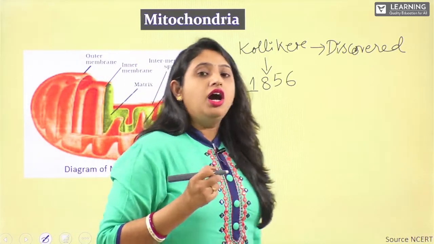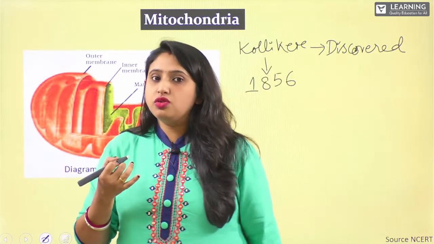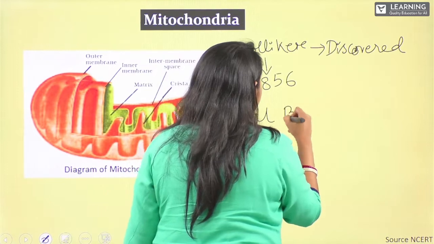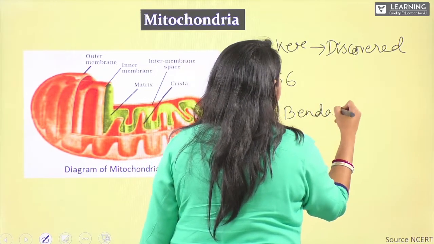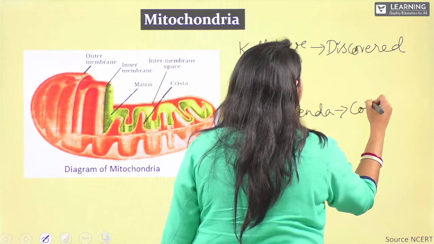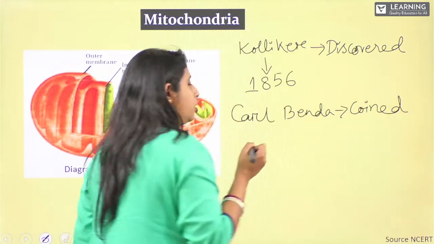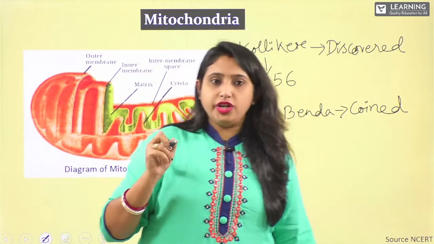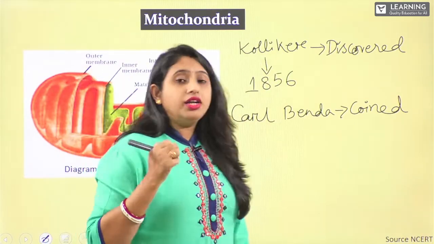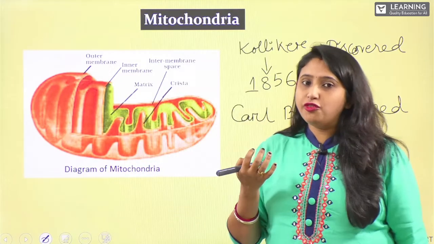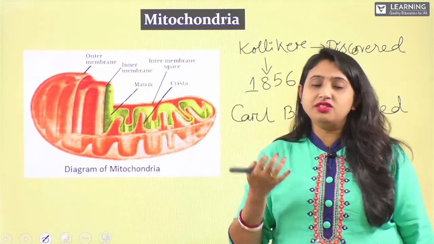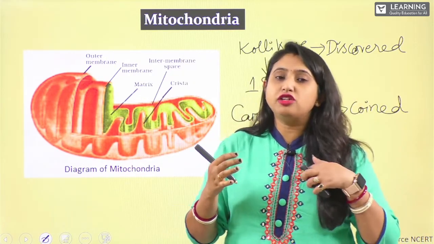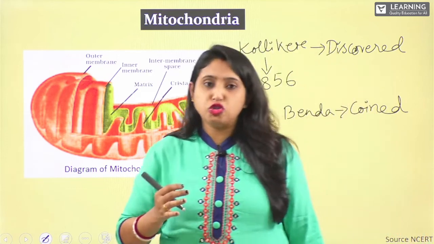Later on, another scientist, Carl Benda, coined the term mitochondria. Another scientist, Richard Altmann, saw mitochondria for the first time in the protoplast cell.